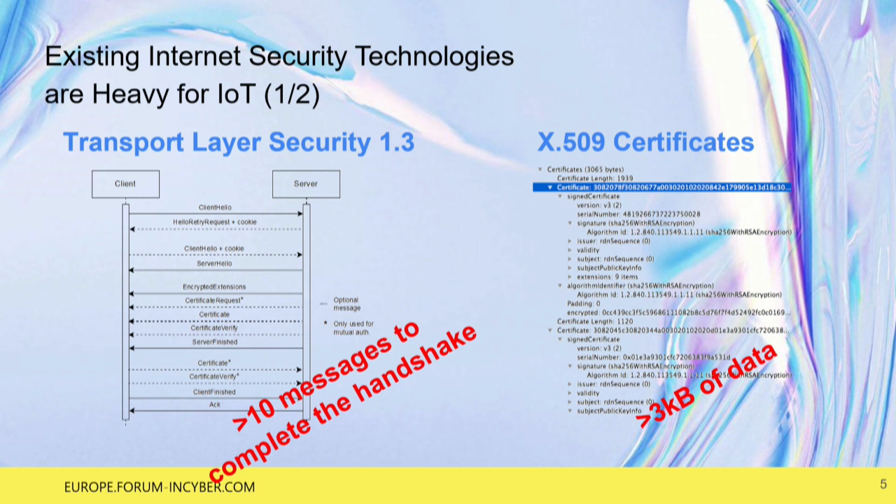I will be answering this question throughout my presentation, but I would like to give you a hint: the Transport Layer Security protocol is very chatty in terms of how many messages it requires, and the corresponding identity technology, the X.509 certificates used in the non-constrained space, takes a lot of data to be transported over the network.